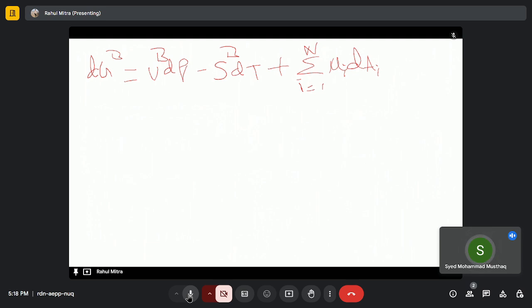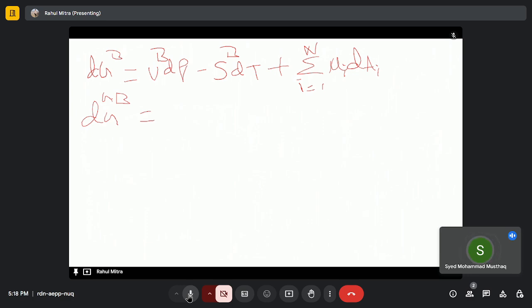So now let's write the same equation for the grain boundary. Because the grain boundary has a surface, we are going to define the surface energy for the grain boundary now.